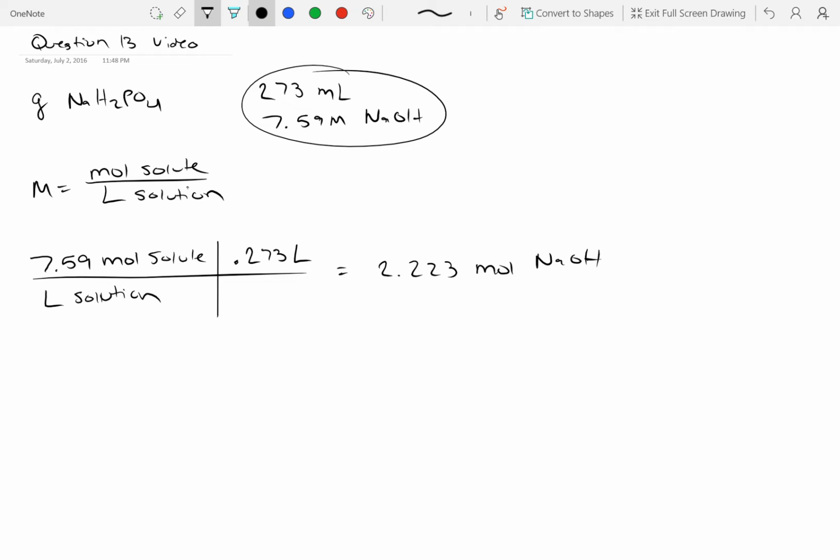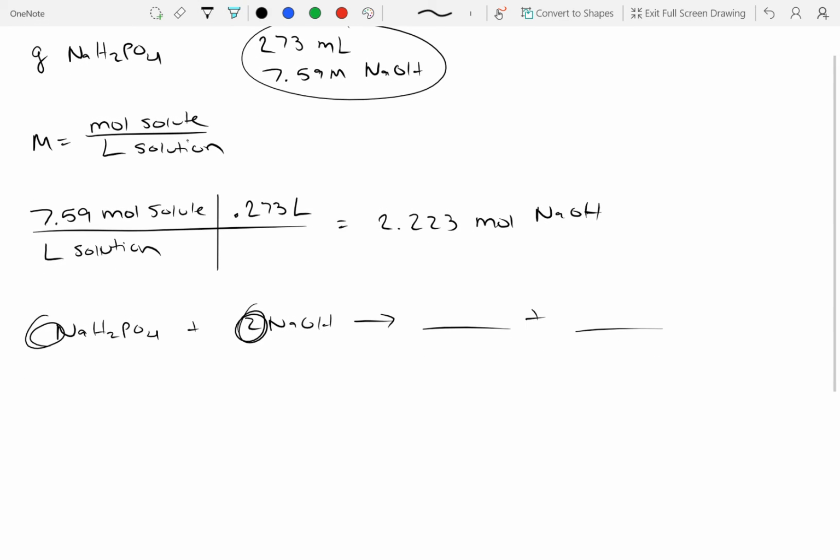By looking at the reaction that they gave us, I see that 2 moles of NaOH, here let me write it out, it might be easier to see. I'm going to write it quickly though, so it may not be neat. Okay, so the right side doesn't really matter because we're only using the things on the left side. But basically, I have 2 moles of NaOH, and in the same reaction, I have 1 mole of NaH2PO4.